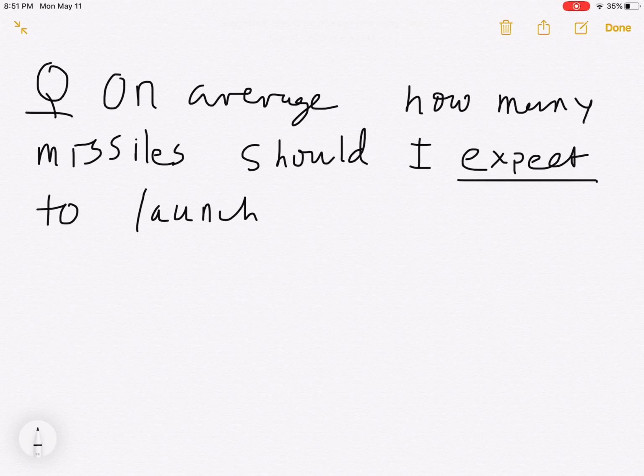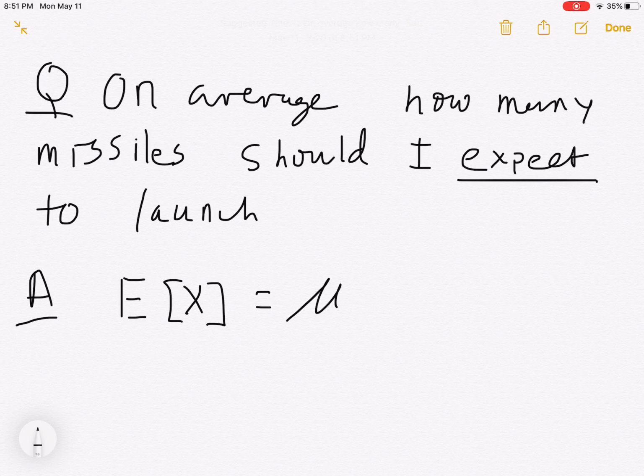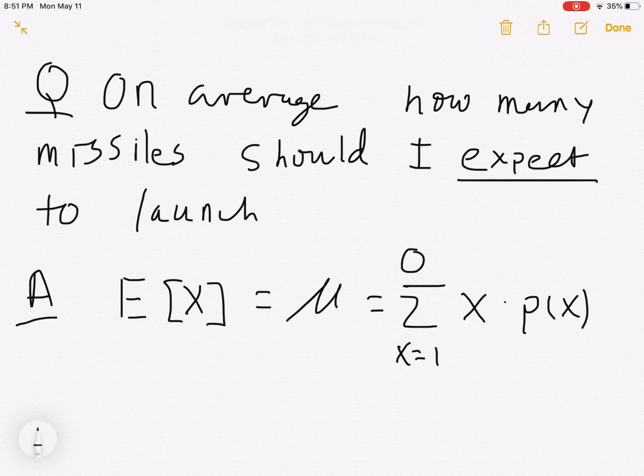Well, that's a keyword right there, expect. And the answer is, I want the expected value of x, which is mu. And we discussed how to compute this. The expected value is nothing more than x times P(x). The possible values of x are from x equals 1 to infinity. This is an infinite sum, and it's rather difficult to compute.